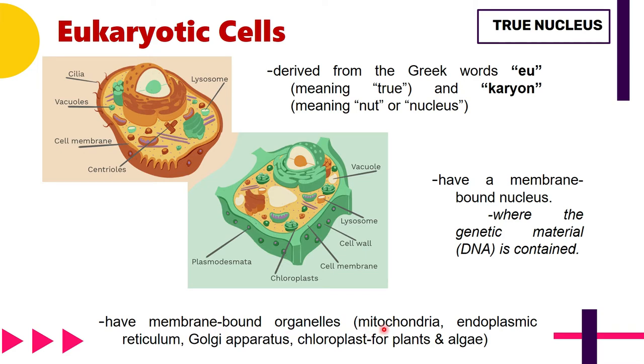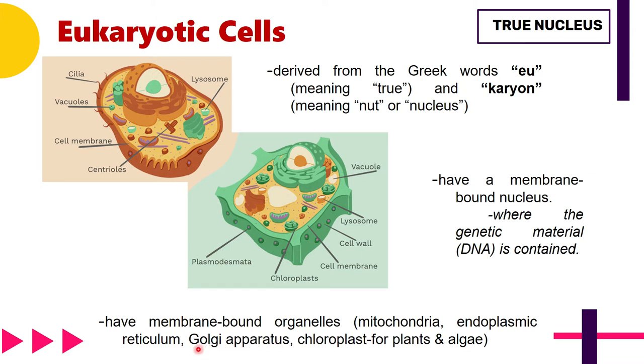The powerhouse of the cell. So it provides and stores energy. Then we also have the endoplasmic reticulum. So we have two types of endoplasmic reticulum, diba? So we have the rough and the smooth ER or endoplasmic reticulum. Also, another example of membrane-bound organelles in eukaryotic cells, we have the Golgi apparatus.